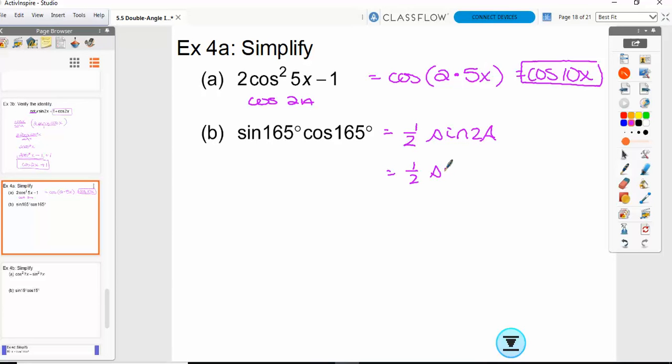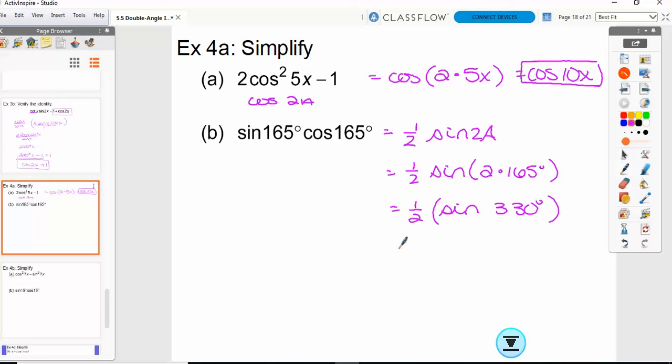So what's my A here? What's 2 times 165? 330.